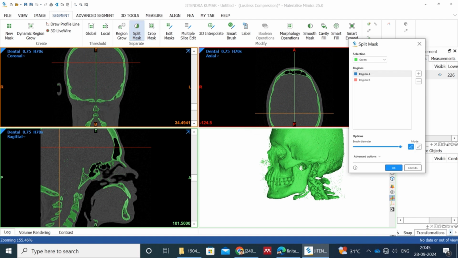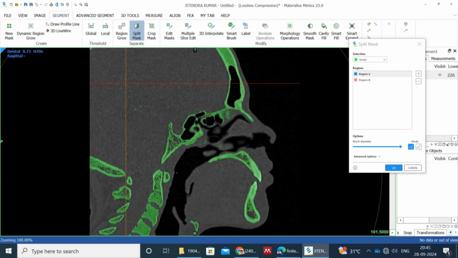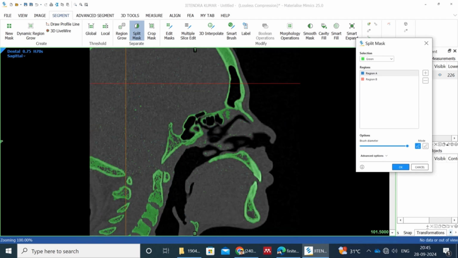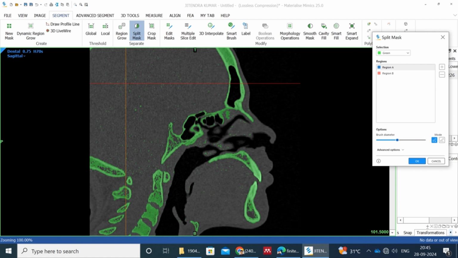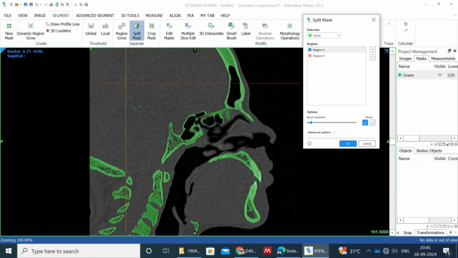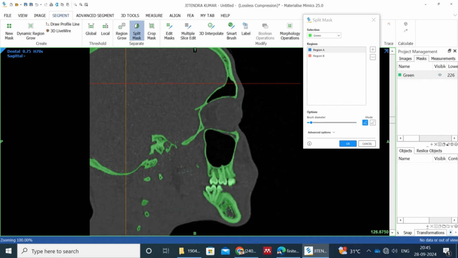I will use this split mask tool to segment out the mandible from the skull, and I will select this sagittal plane.